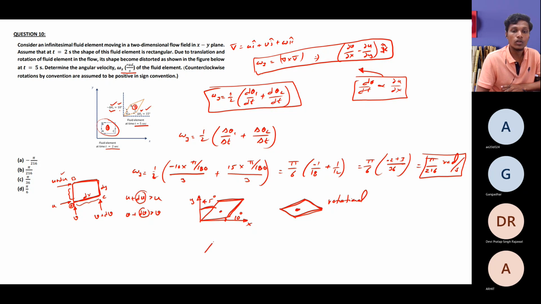But in irrotational flow, your deformation from this axis and this axis, say it is 30 and this is 30. So your deformation will always be the same from this side and from this side.